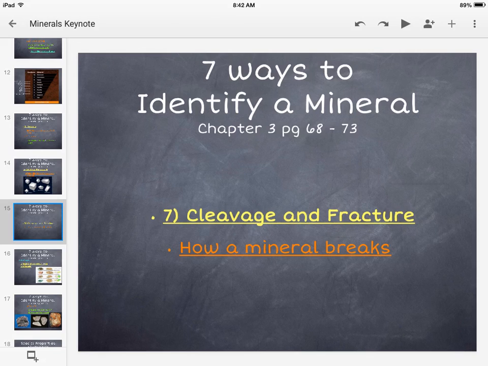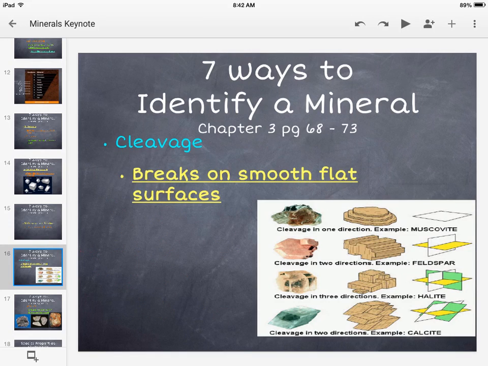Cleavage and fracture. This is how a mineral breaks. So if I were to take a mineral and a hammer and smash it, what are the little pieces going to look like? For cleavage, to cleave means to split in half. So I like to think about a cleaver, which is like a big butcher knife, chopping down on a piece of meat.